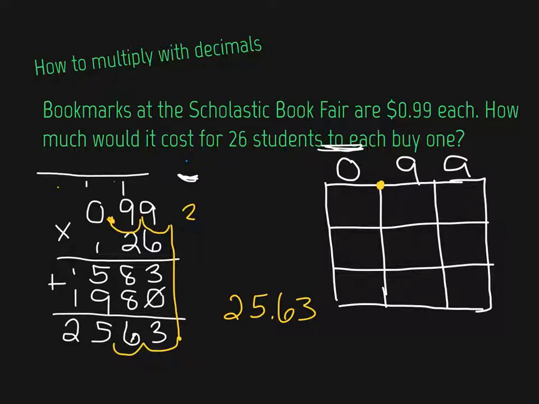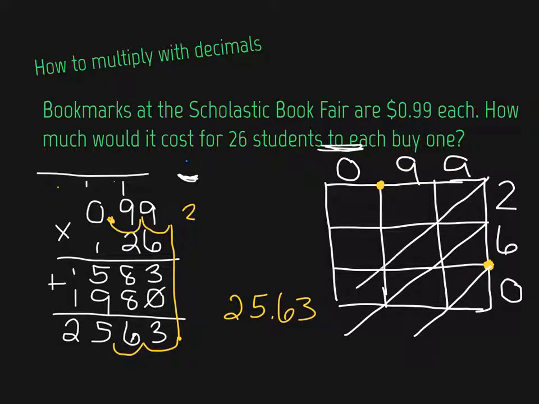And then let's set up our 26, and let's make it look something like this. Because we know that after a decimal point, we can have as many zeros as we want because it's just the same number. So I'm just going to put in 1 0, and that's still the number 26. There's just 0 tenths after it. Okay, so I have my decimal points, and I'm going to draw my lines to get my lattice all set up.